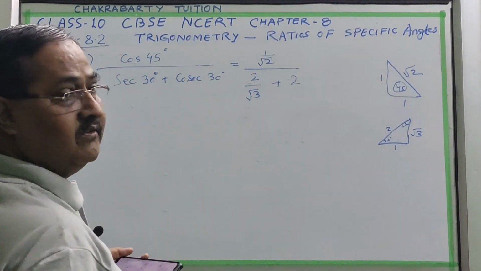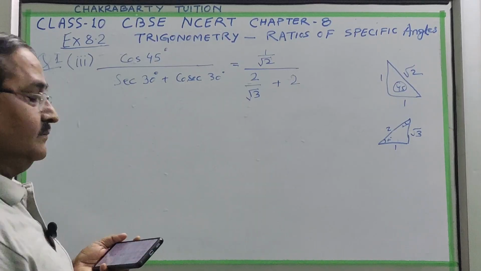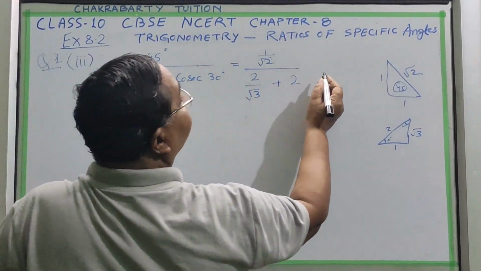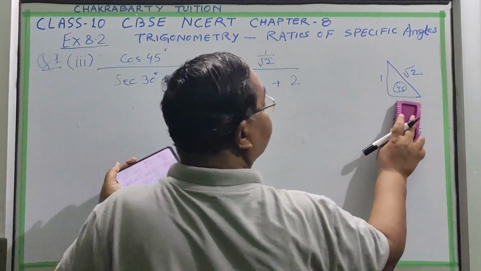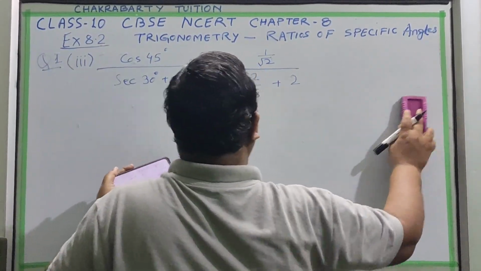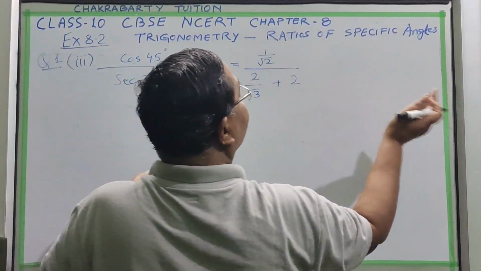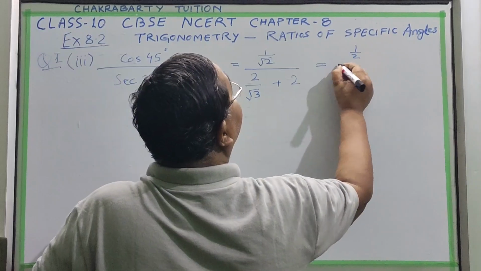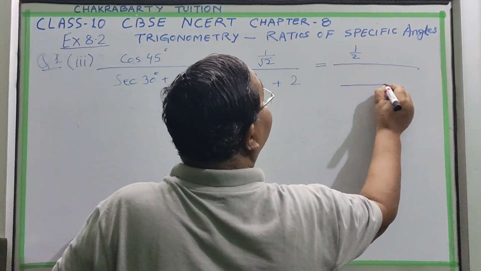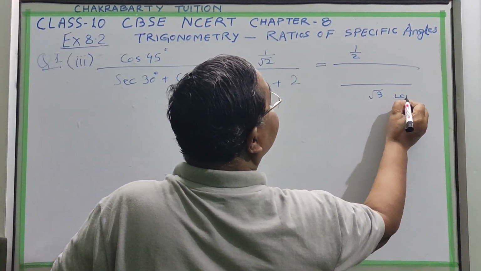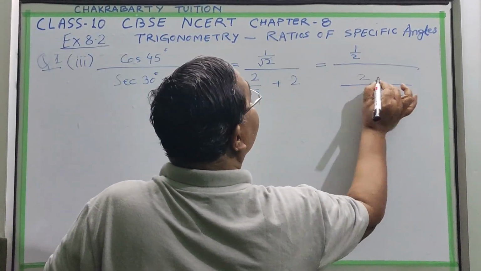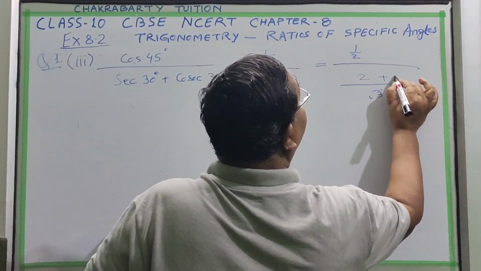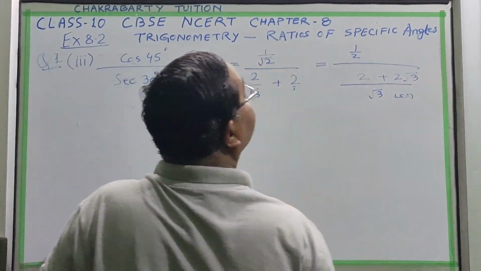So now we will solve it further. First we will take the LCM and go on. You can learn the ratios also, and you can do it with the diagram also. So what we'll do? 1 upon 2 will remain there and here the LCM we will take as under root 3. So it will remain 2 and this will become, because 1 is there, under root 3 into 2, so 2 multiplied by under root 3.